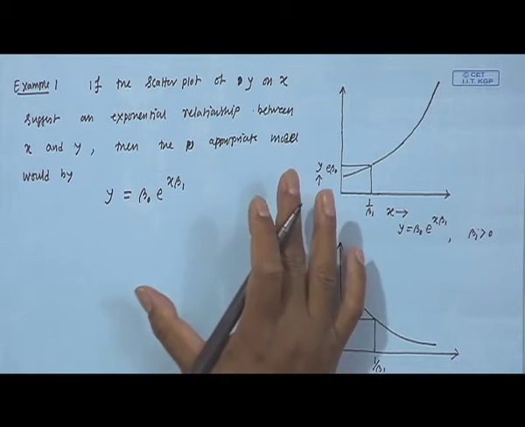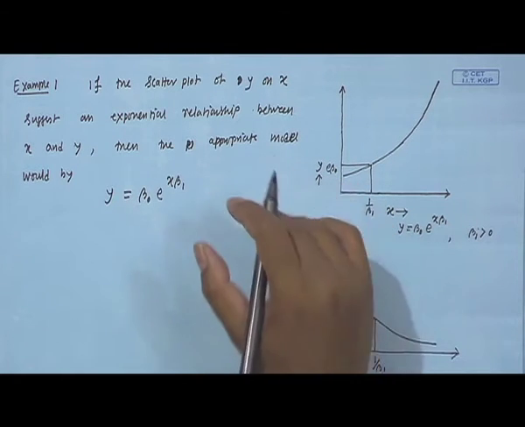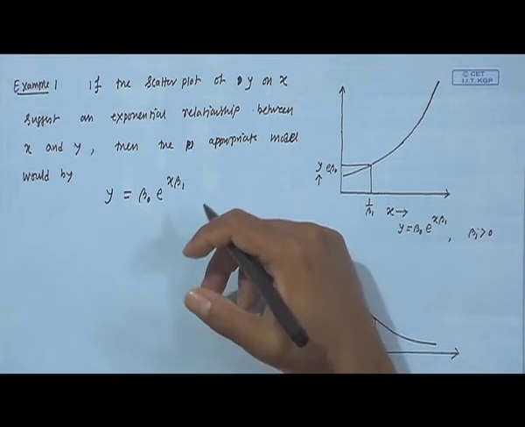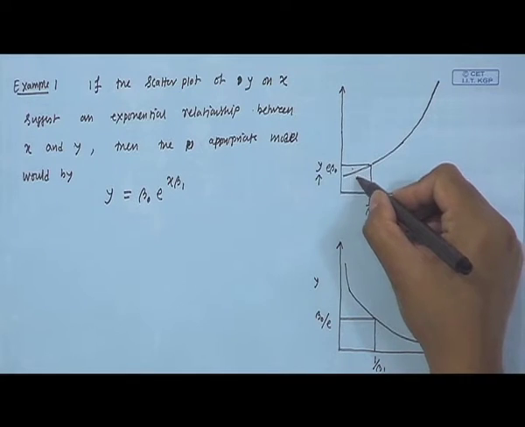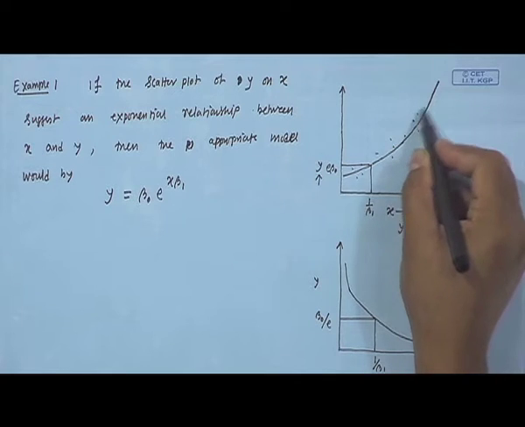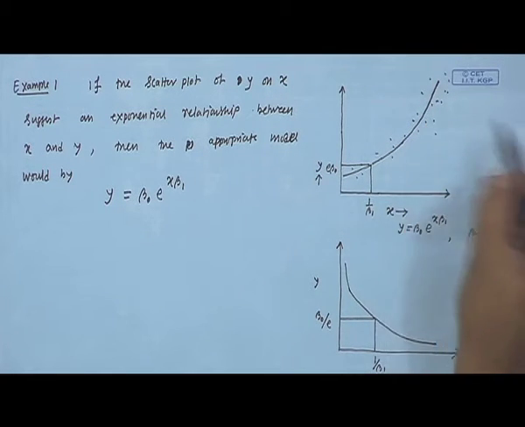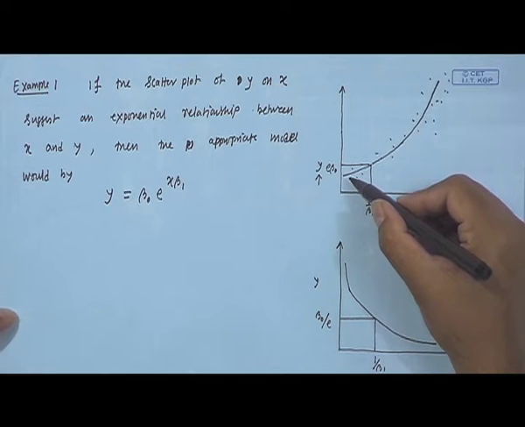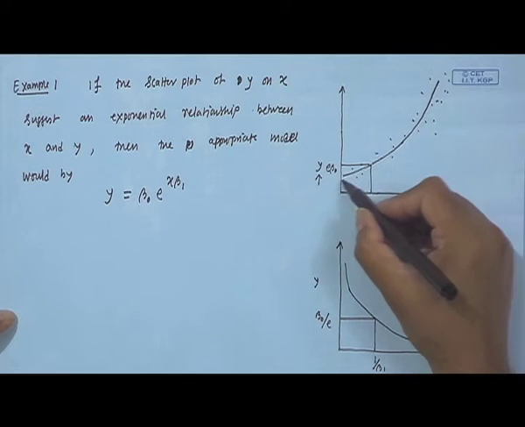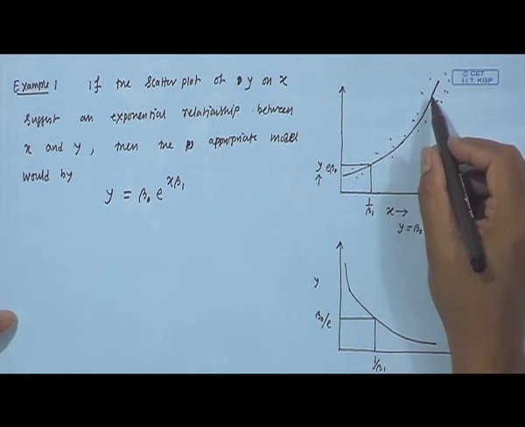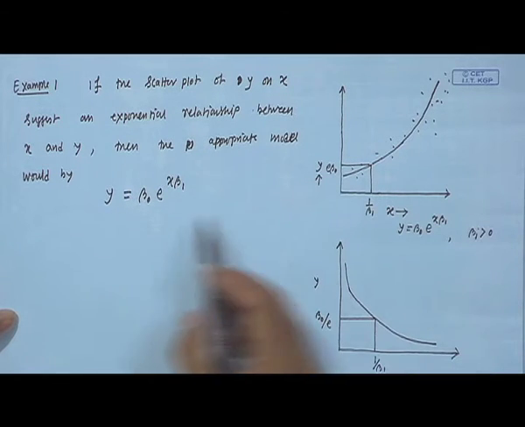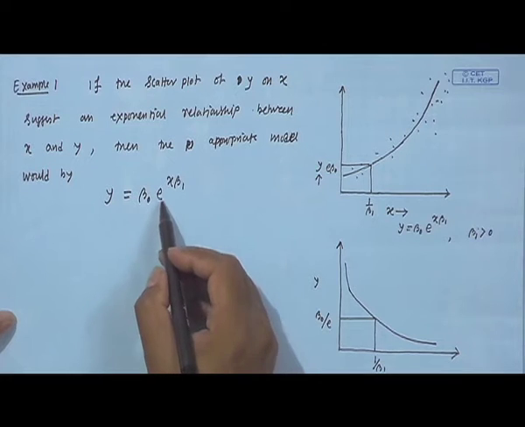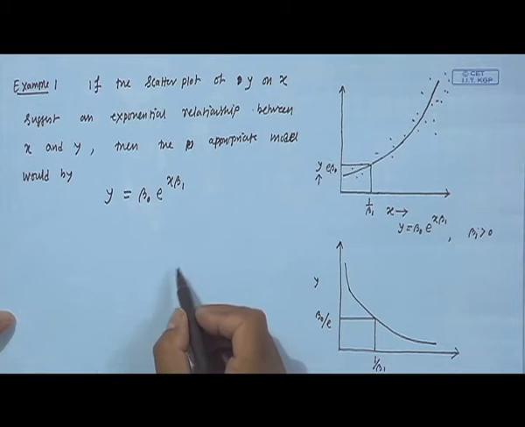Okay, so, what it says is that given a set of observations, say regressor variable and the response variable, you first find the scatter plot, and if the scatter plot indicates that the relationship between y and x is exponential, then the appropriate model for this one is y equal to beta naught e to the power of x beta 1.